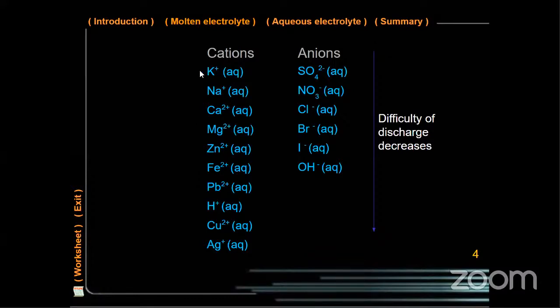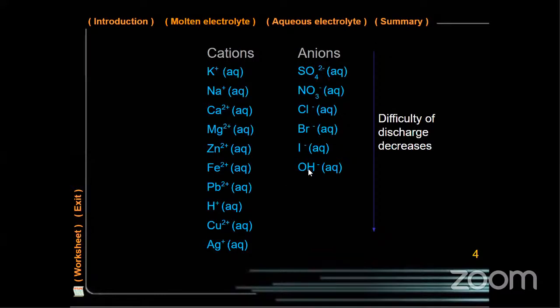If you have zinc ions and potassium ions going to the cathode, the zinc is going to be discharged instead of the potassium because zinc is lower in the electrochemical series. Similarly, on the anion side, you notice that sulfate is at the top and hydroxide is at the bottom.